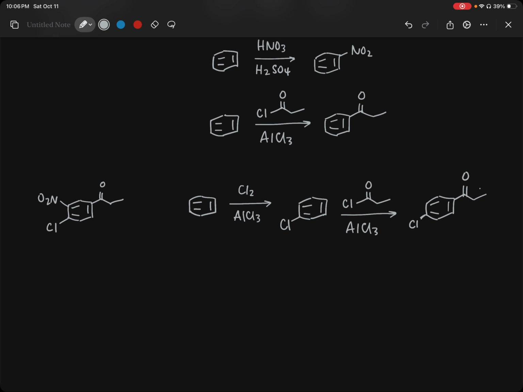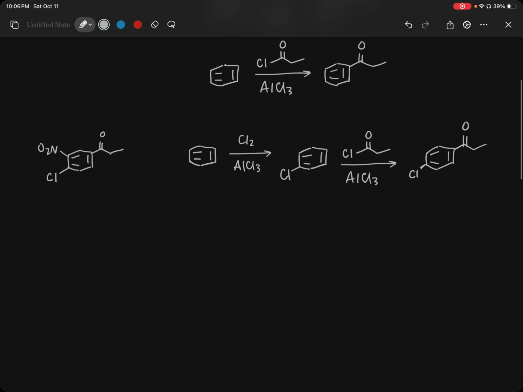On the other hand, the acyl group is a meta director, and so it's going to direct to the positions that are meta to it, which are here and here. Fortunately, that's the same position, so both groups are directing any incoming group to the same position.